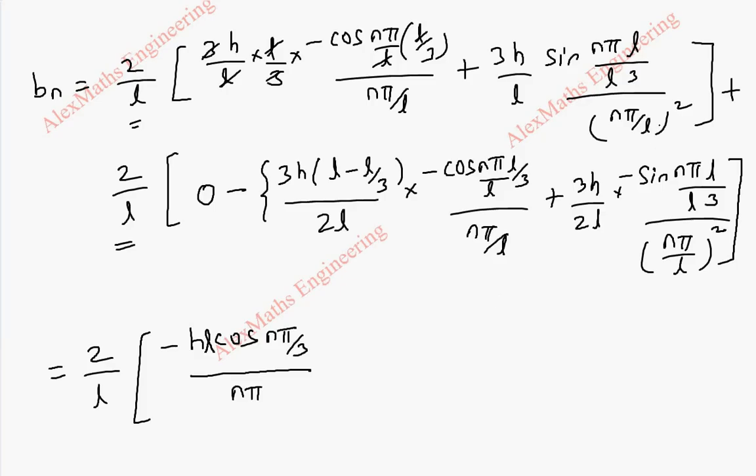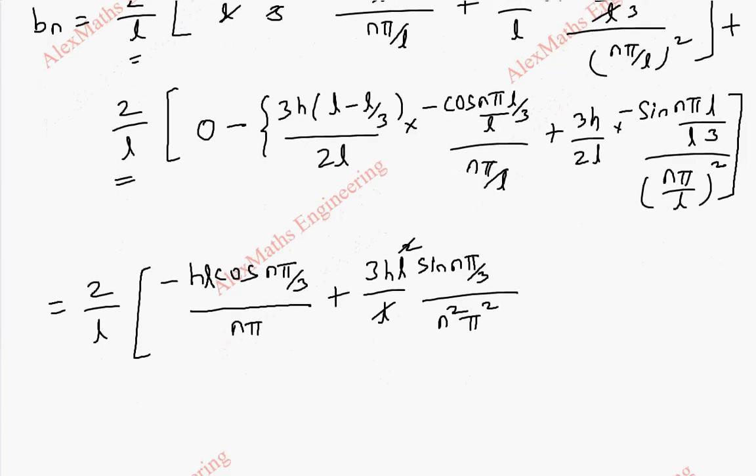Similarly, the next term, 3h by L, we can cancel this, sin n pi by 3 by n square pi square, and L square I take to the numerator. So I take L square here, so we can cancel this.